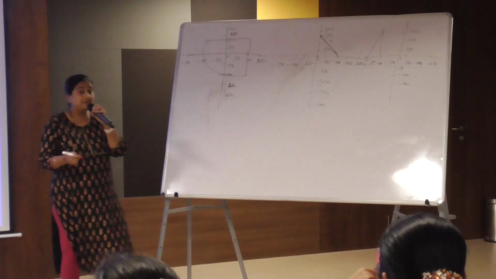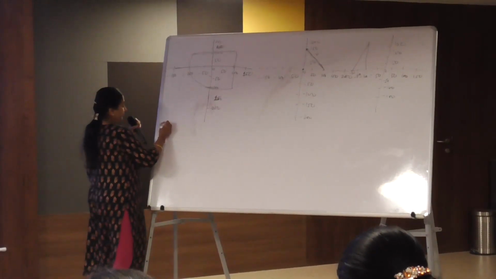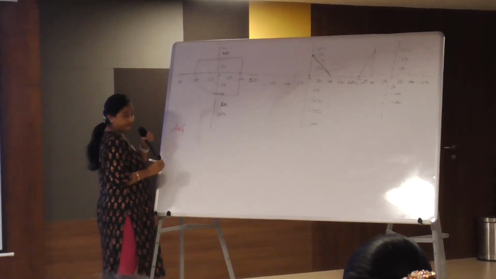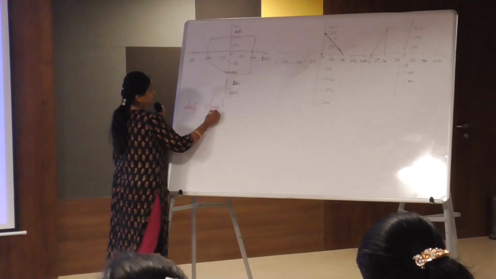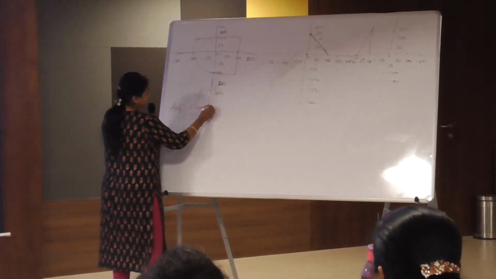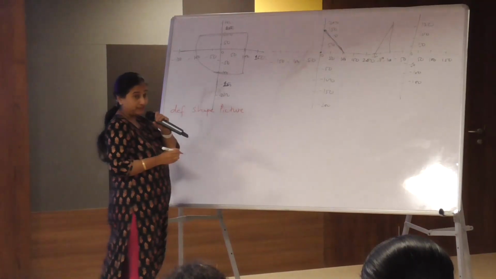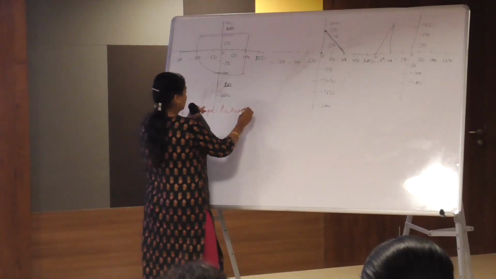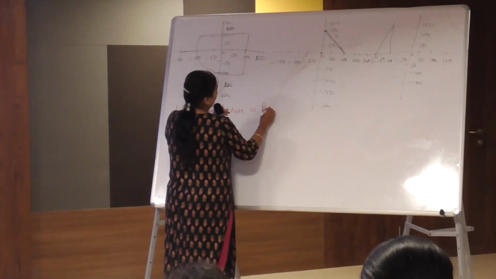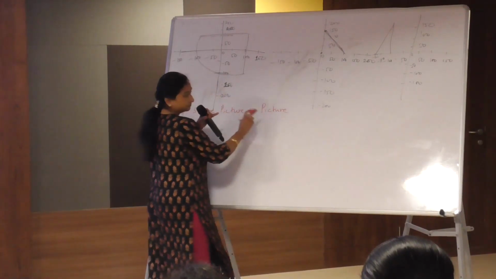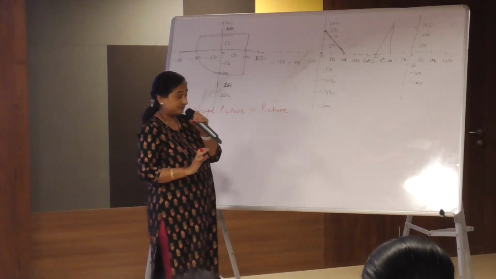First, we have the definition, right? How do we define? F shape. It is a picture. Am I right till here? Yes. Of the value picture. Correct?